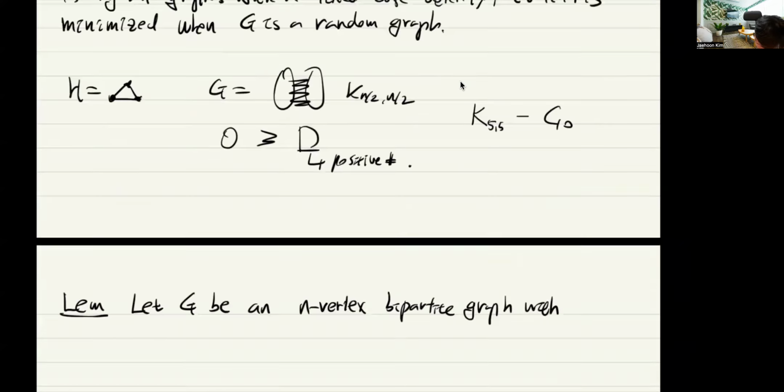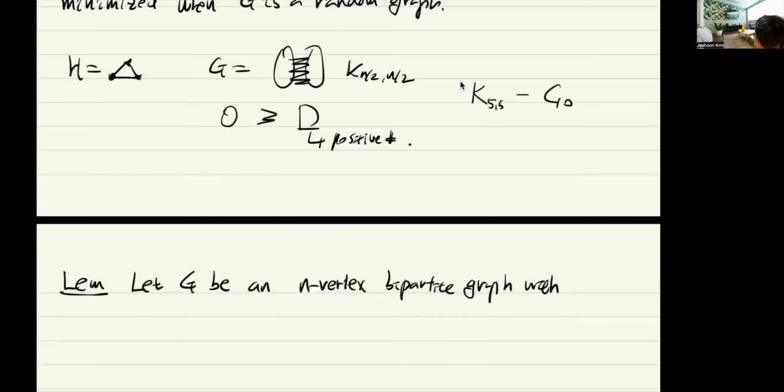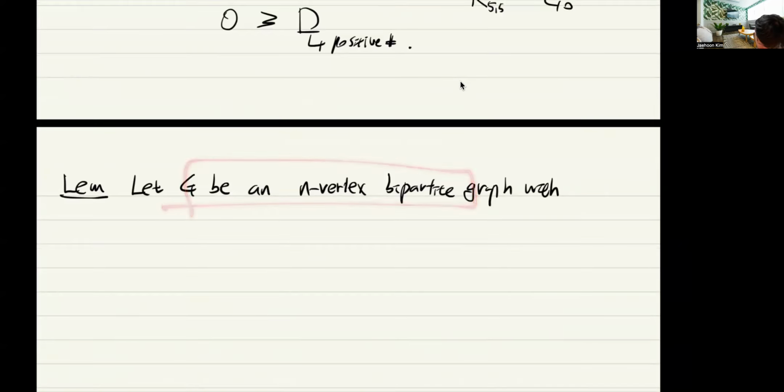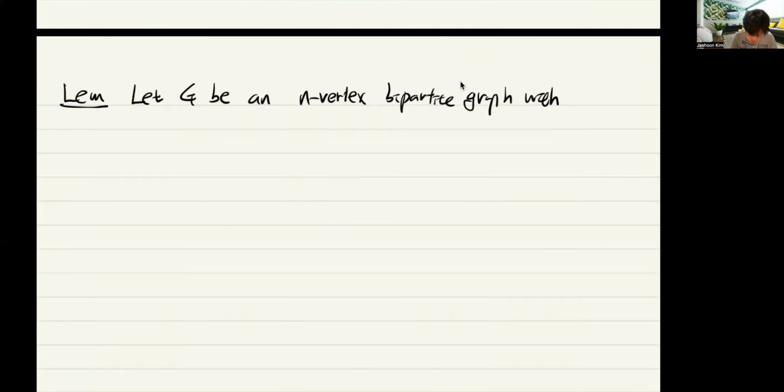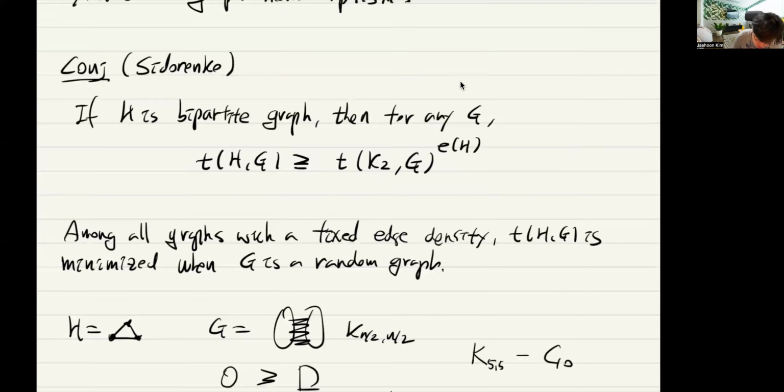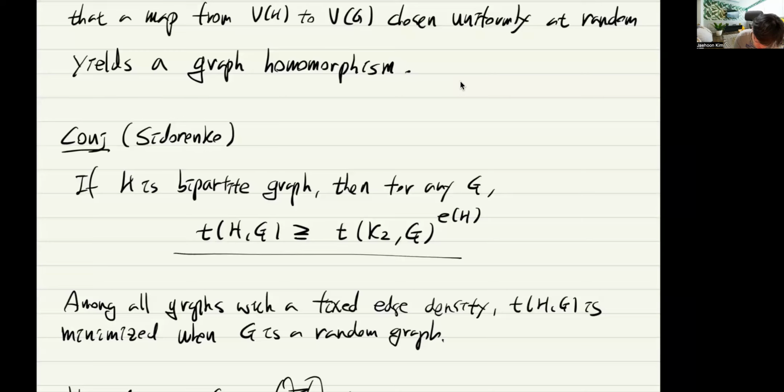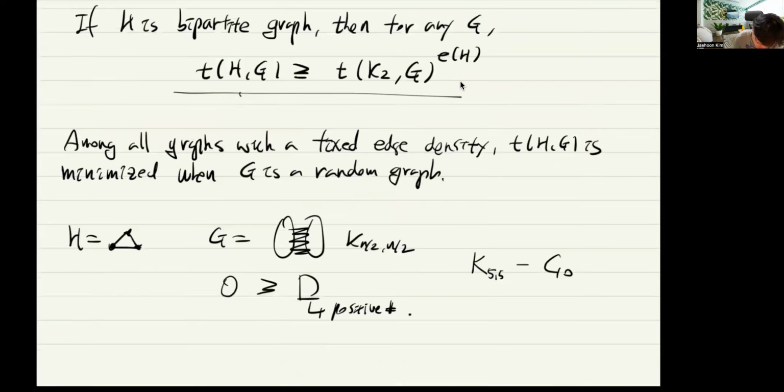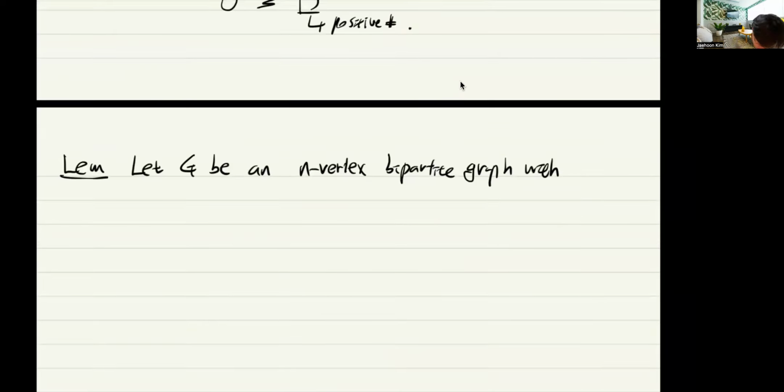We will prove it for the case where G is bipartite, because this lemma will be useful for us later to prove the bound on the extremal number of even cycles. So let's just prove this conjecture when H is an even cycle and G is also a bipartite graph.